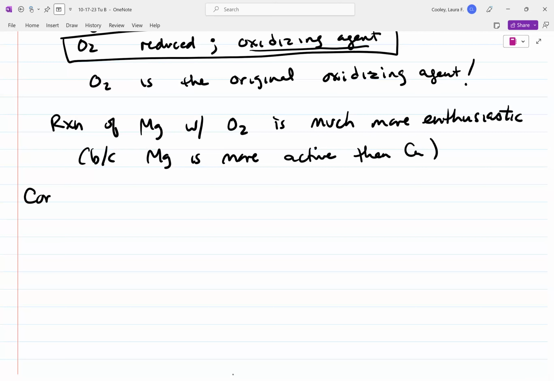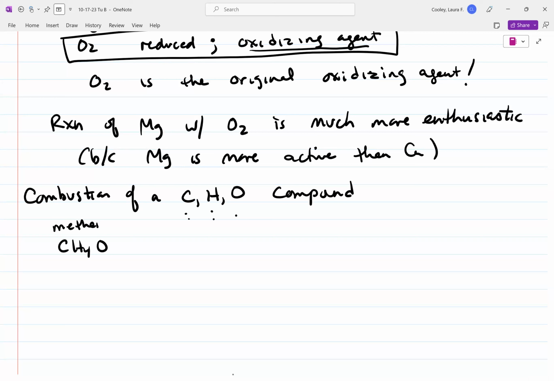Okay? Now, I want to get into a different kind of oxidation, a different kind of combustion reaction. This kind is combustion of a carbon, hydrogen, or oxygen compound. So they contain C and H or C and H and O. I'll give you this example here. Here's CH4O. This is actually methanol. And it reacts with O2. It's a liquid.